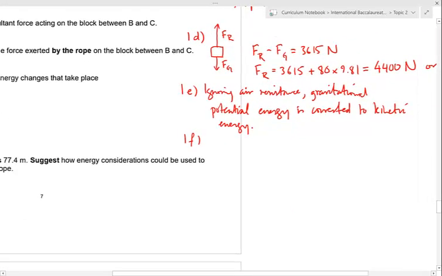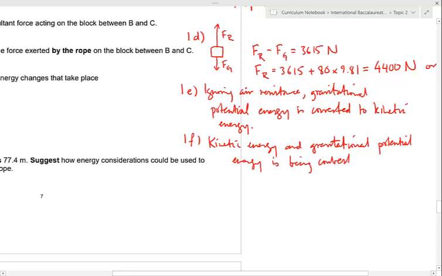So kinetic energy and gravitational potential energy is being converted to elastic potential energy in the rope.